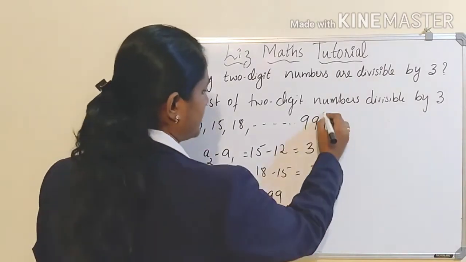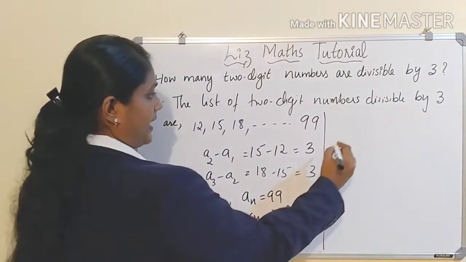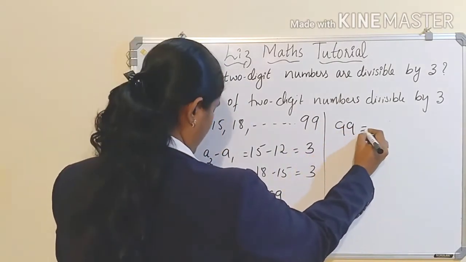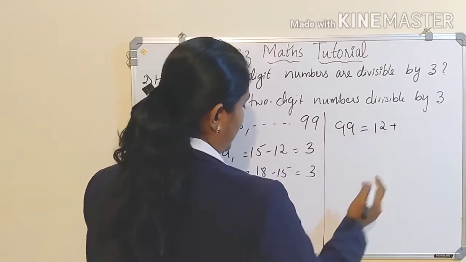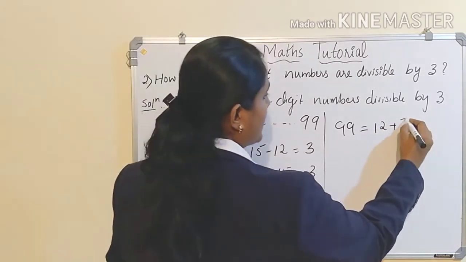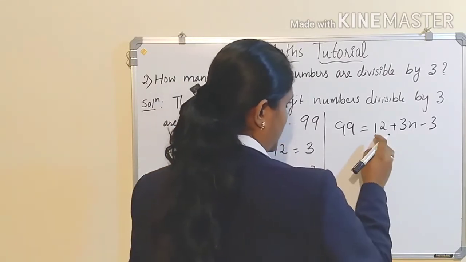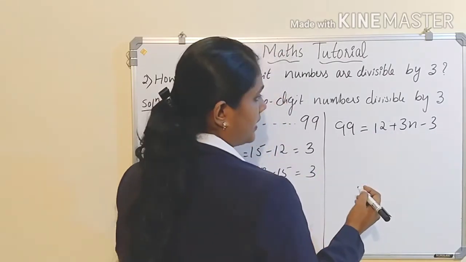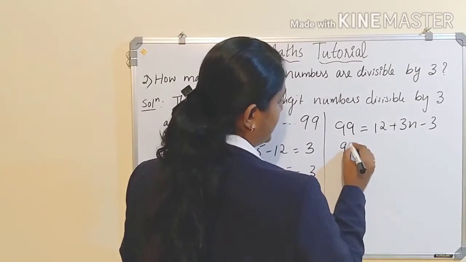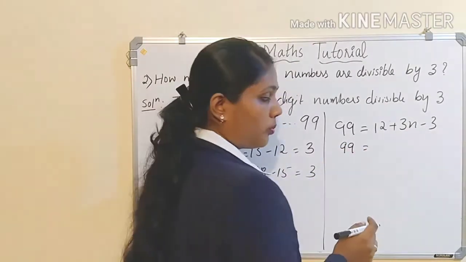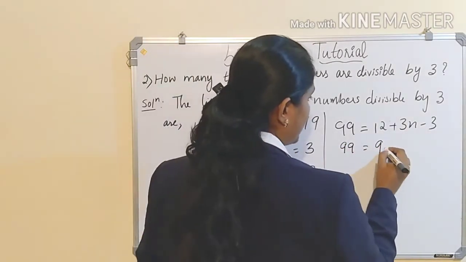Now go for simplifying this. 99 is equal to 12 plus, multiplying this, 3n minus 3. Now 12 minus 3 here, what do you get? 99, and 12 minus 3, what do you get? 9.